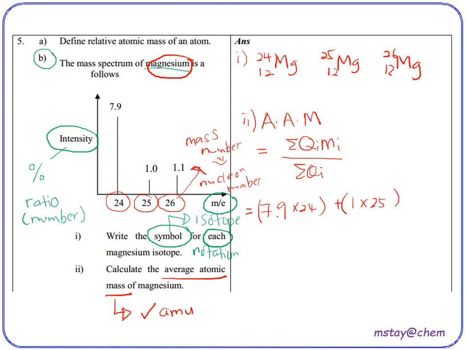The third isotope is 1.1 multiplied with 26, over 7.9 plus 1 plus 1.1. When we press the calculator, we will get 24.3 AMU.